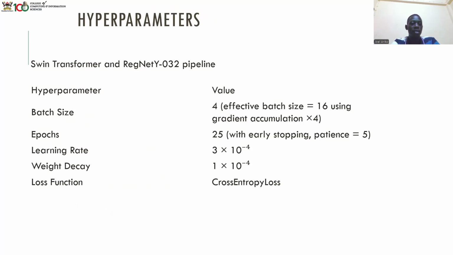For the Swin Transformer and the RegNetY pipeline, it had the hyperparameters you're seeing above: the batch size, and 25 epochs with early stopping. That means if model training converges early, with a patience of 5 epochs, it would stop instead of completing all the epochs. Then the learning rates, and so on.